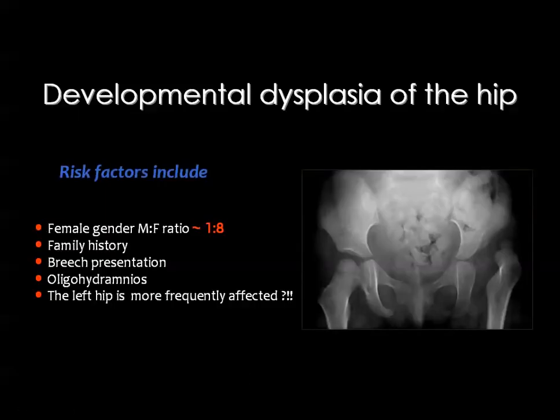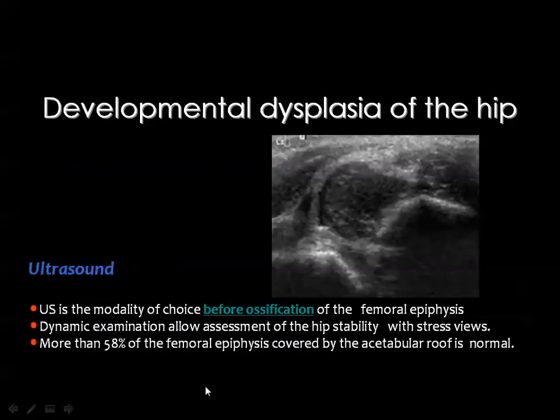Then what are the risk factors? As I have mentioned, oligohydramnios is one of the associations or risk factors, along with breech presentation and family history. This disease is appreciably more common in females compared to males.